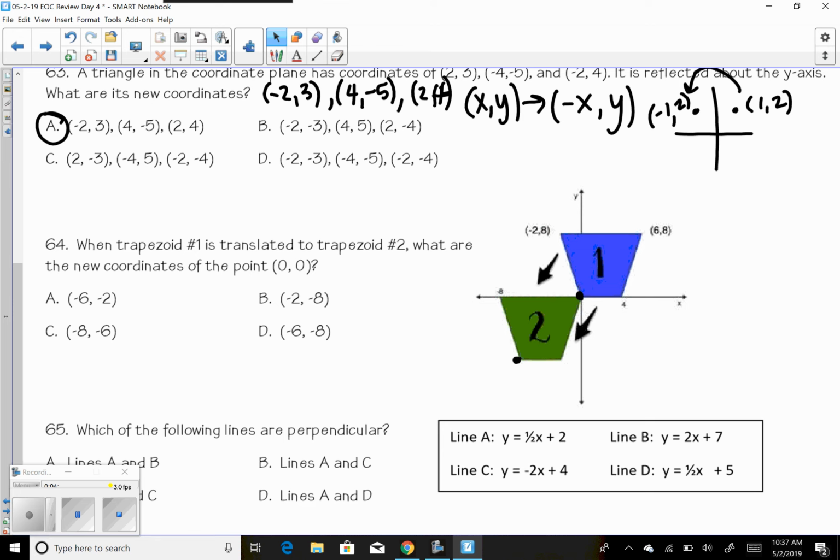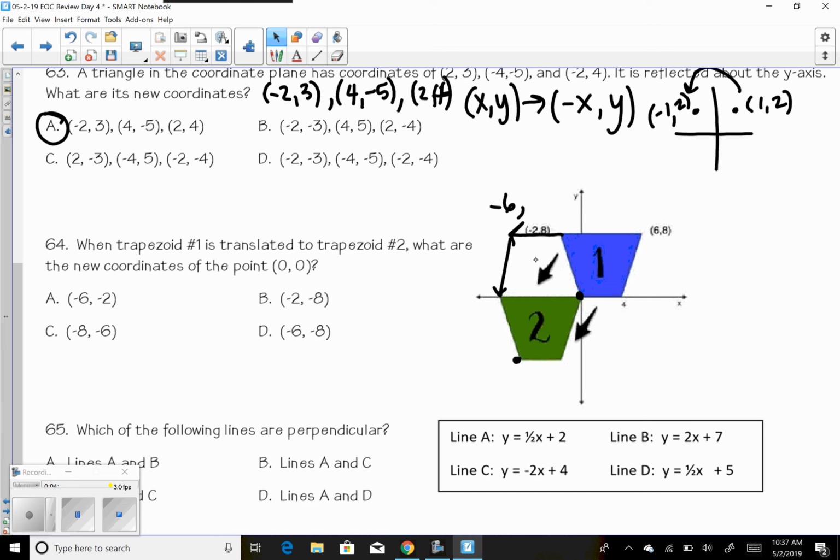So what's happening is it's going left. So it's going from -2 to -8. So it's going left 6. Okay, -2 needs to go to -8. So that's -6. And then it's also shifting down. It was at 8. So it's shifting down 8.